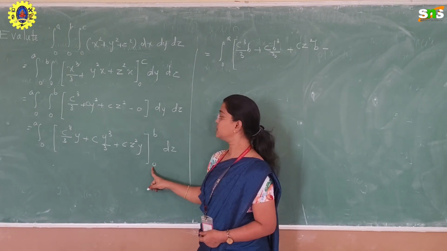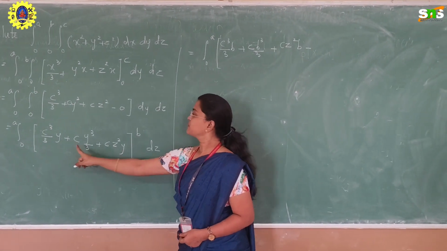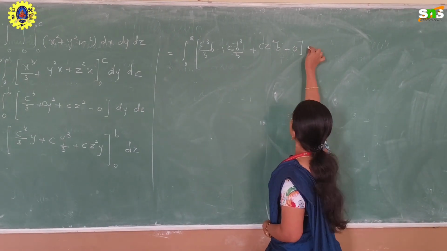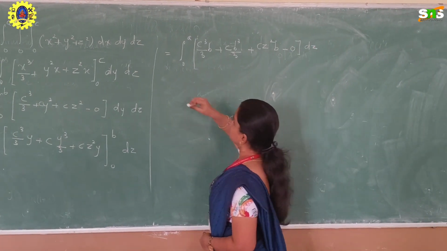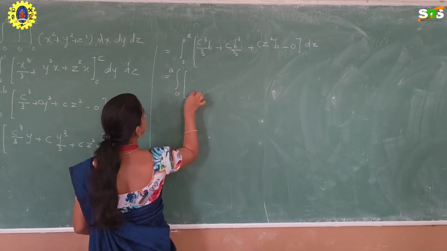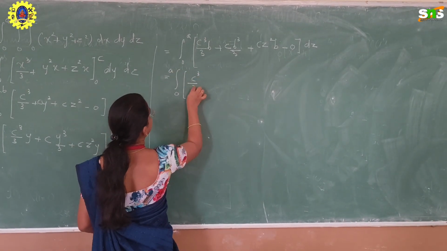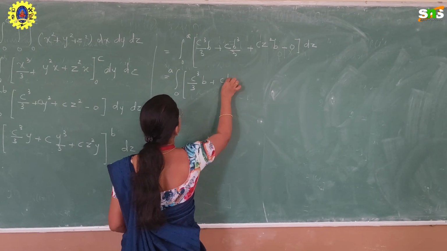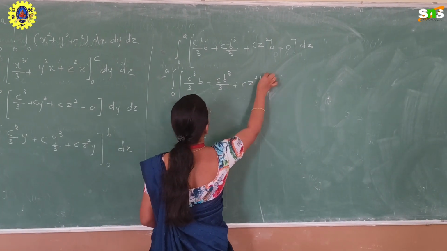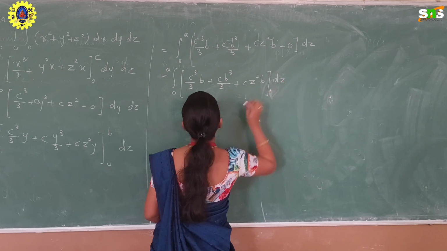You have to substitute y as 0, so all the values will be 0. So lower limit is 0, dz, which is equal to integral 0 to a, c cube b divided by 3 plus c b cube divided by 3 plus c z square b, dz.